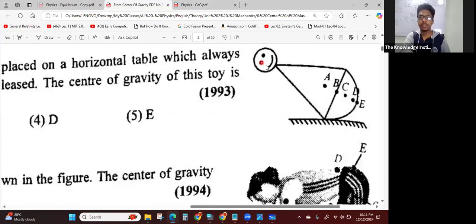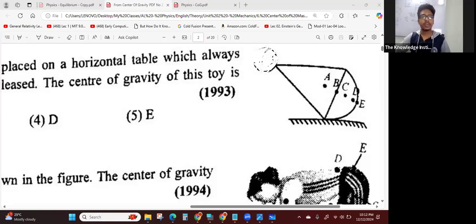Don't forget about this phase. Okay, where is that phase? So as I told you, in Combinax you have the center of gravity lesson. There you study this stable equilibrium and all, right?